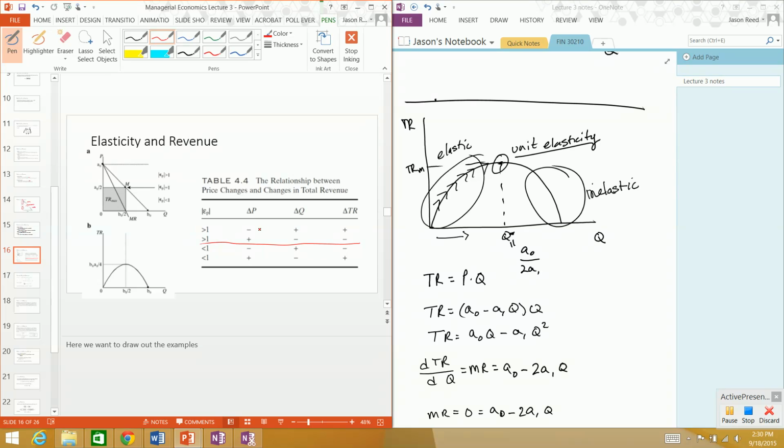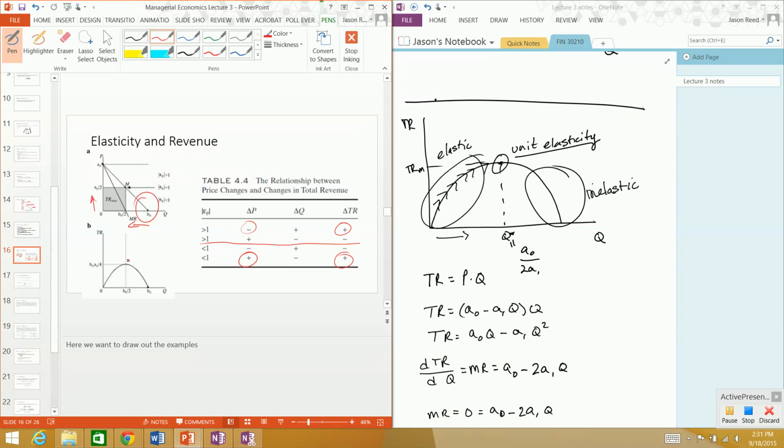In the elastic portion, as prices go down, total revenue goes up. If we start on this side and quantity is going this way, which means prices are going up, and we're starting inelastic and prices are rising, it must mean that total revenue is also rising, right? I think this is an important relationship to develop.